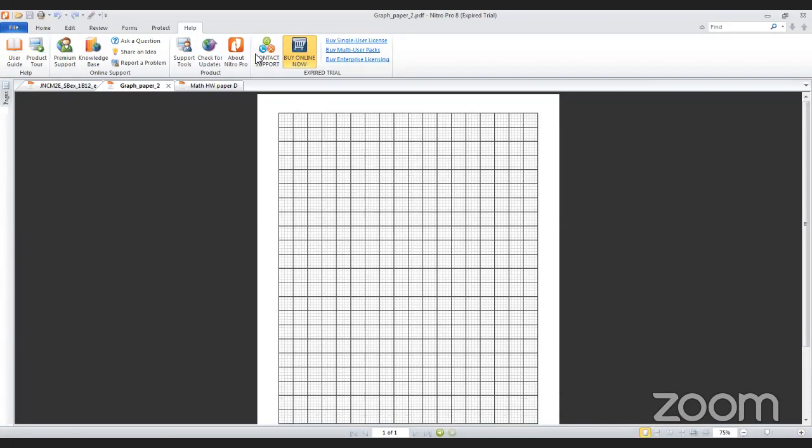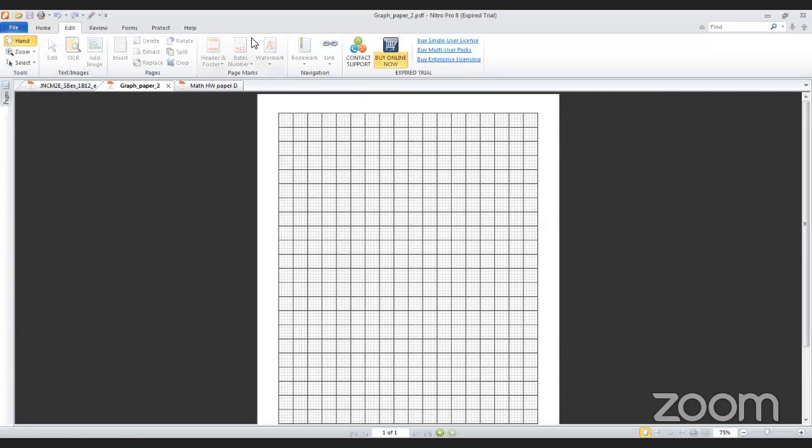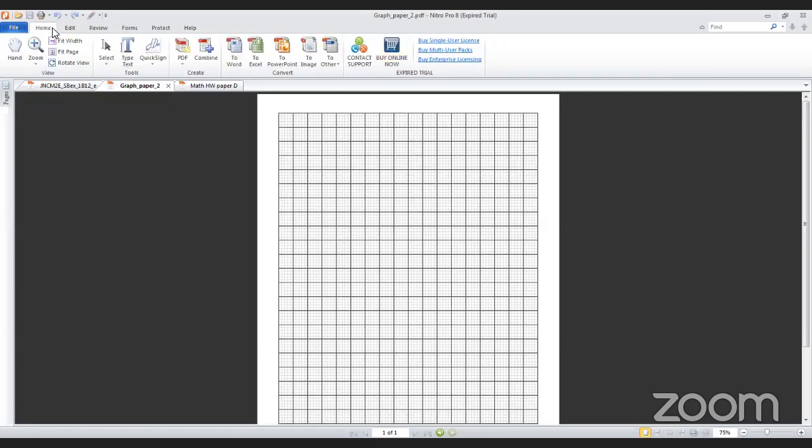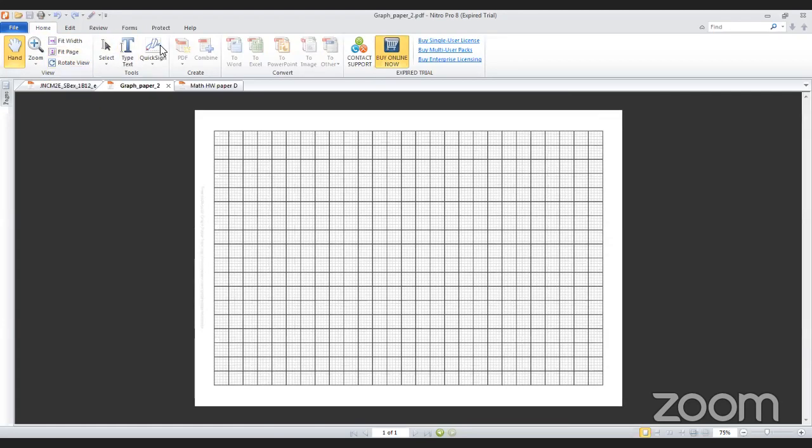That's why let's see whether I can rotate my graph paper here. Yes. Then it is much better if we draw in this way.